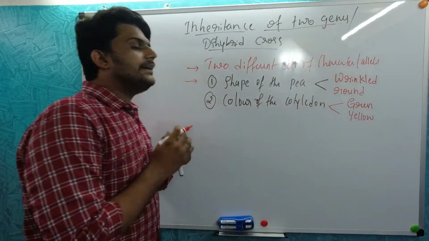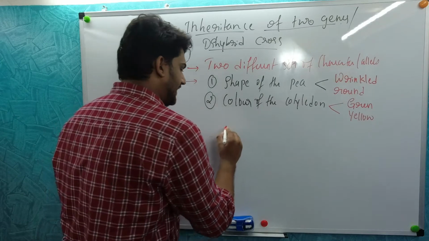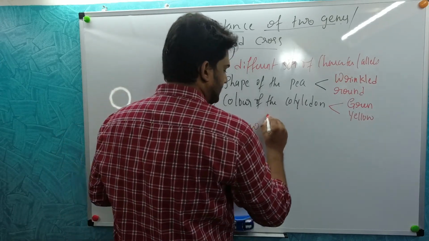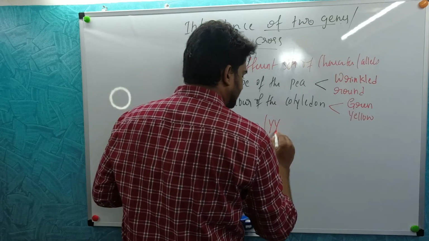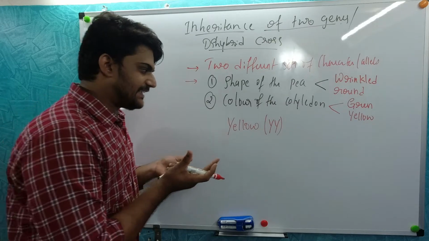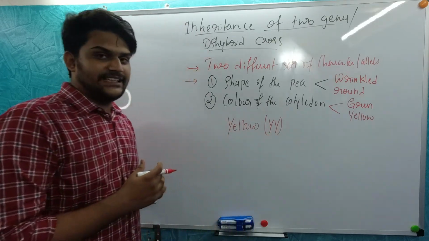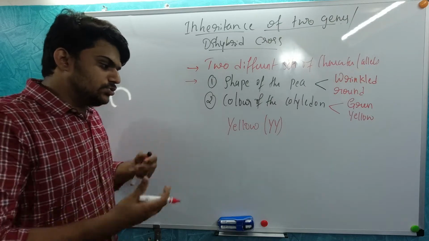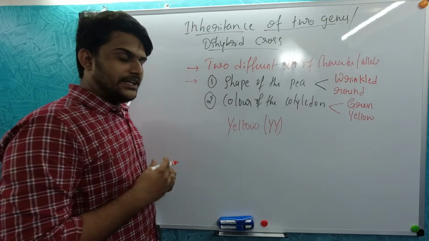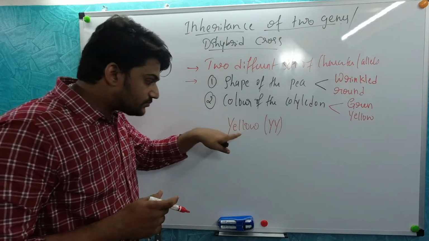Remember, he named the alleles not for what they exactly represent, but for his easiness, to do the maths or the statistics. He named yellow as capital Y, and this was the dominant allele.